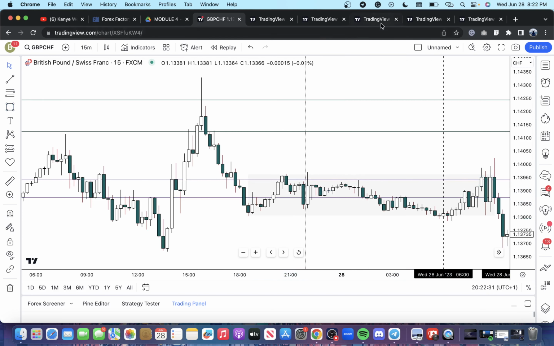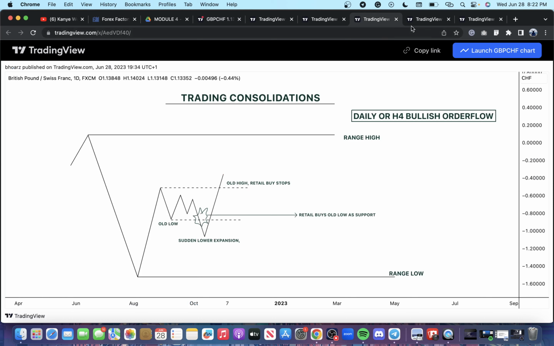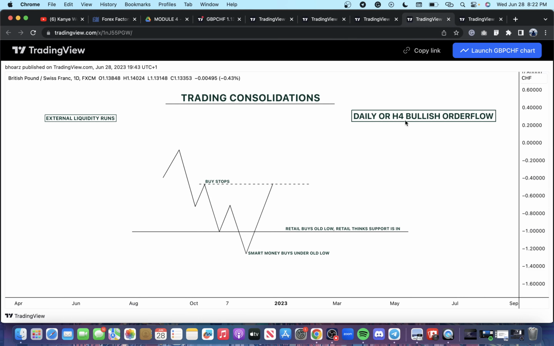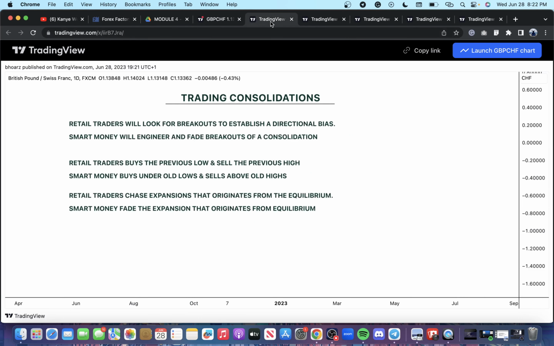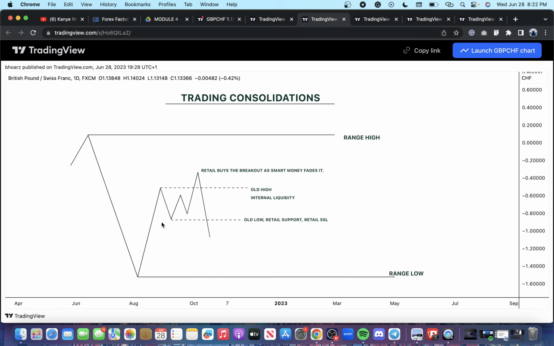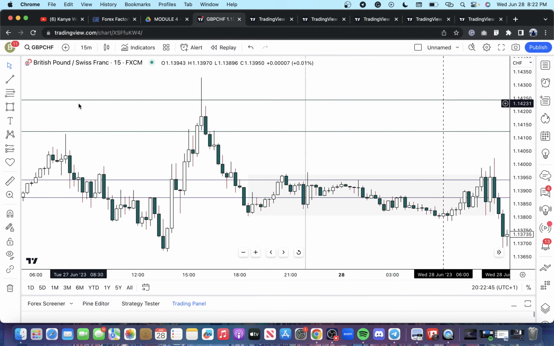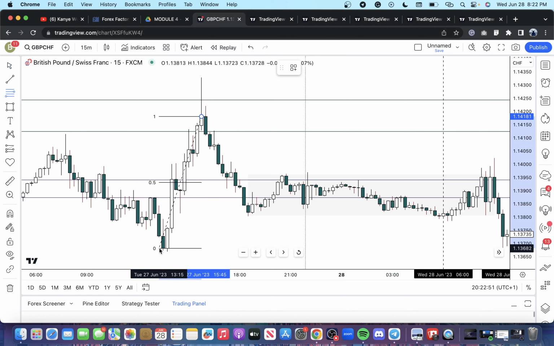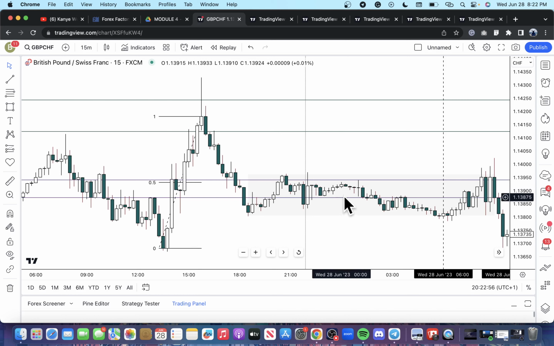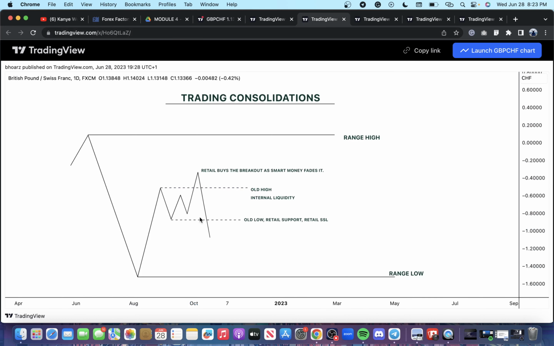And if you remember what we talked about with consolidations for daily or 4 hour bearish order flow, the market is going to consolidate at the equilibrium of the trailing range, and if you pulled your Fibonacci from the high to the low, you can see we are at equilibrium, and you're seeing that consolidation at equilibrium of the range. Now, generally what the market will do is make a sudden run out of the range, and then retail will go and buy the breakout.